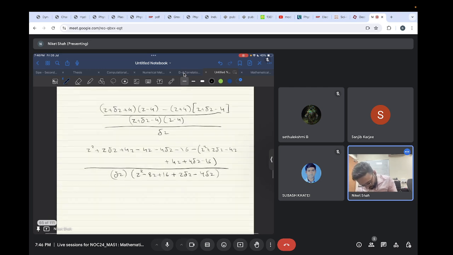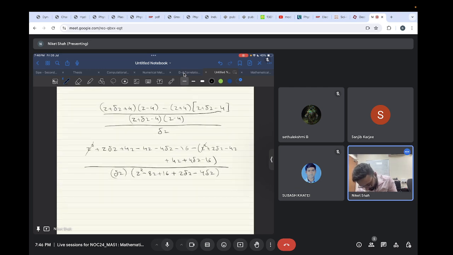Now let's evaluate this. So z square gets cancelled off. Z delta z also gets cancelled off. Sorry, here itself it gets cancelled away, and this also gets cancelled away. So there is no 8z. There is minus 8 delta z though, and 16 also gets cancelled off. So the only thing remaining in the numerator is minus 8 delta z.